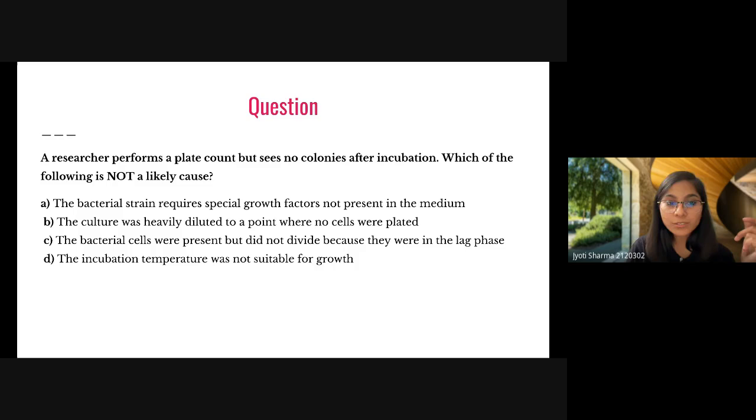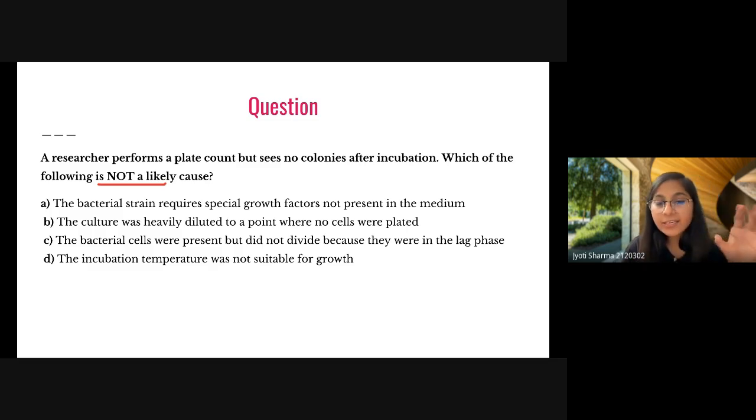not a likely cause? So just see here, this is a trickier question because here it is a not a likely cause. The options are: bacterial strain requires a special growth factor not present in the medium; the culture was heavily diluted to a point where no cells were plated; bacterial cells were present but did not divide because they were in the lag phase; the incubation temperature was not suitable for growth.